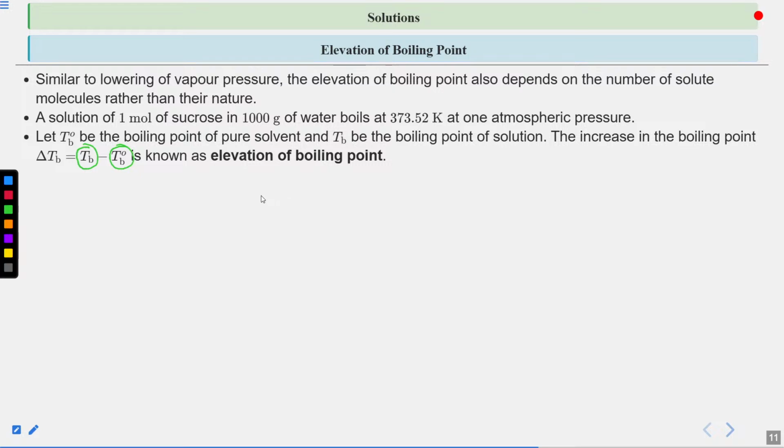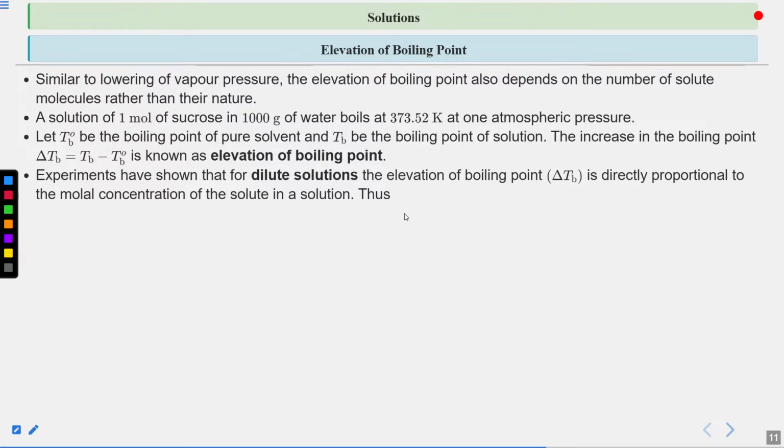Okay. So, elevation of boiling point. TB is the boiling point of the solution, and T0B is the boiling point of the pure solvent. Then the change can be written as TB minus T0B, which is written as delta TB.